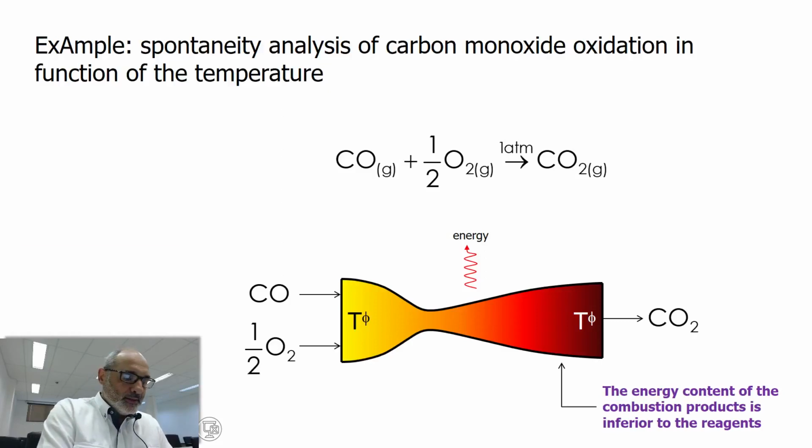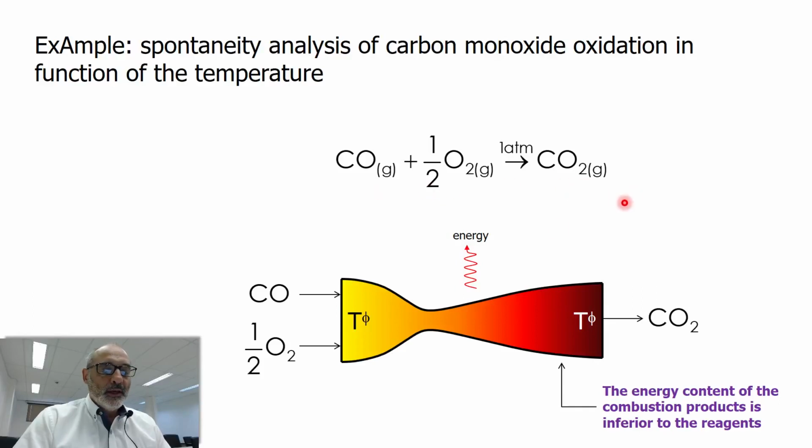Let's see a practical application of this variable. Let's see again CO reacting with O2. We have carbon monoxide reacting with oxygen at 1 atmosphere to give CO2, everything in gaseous state.